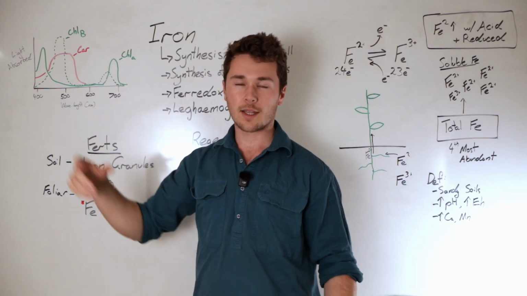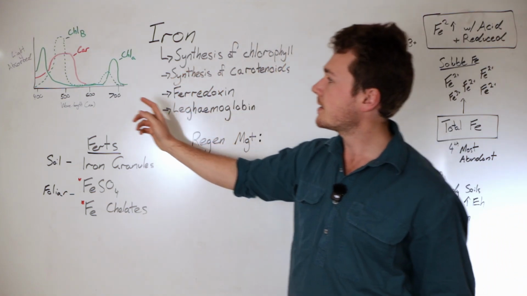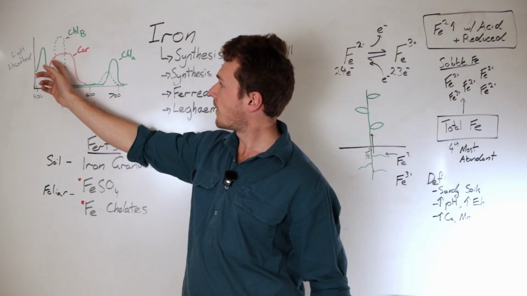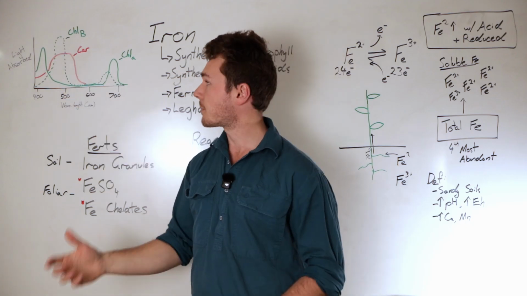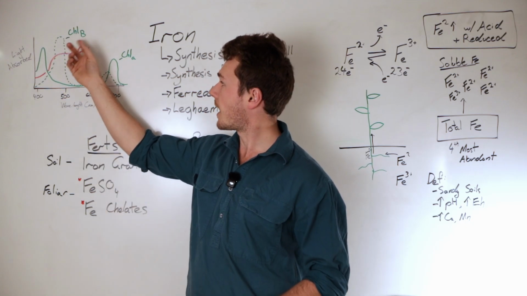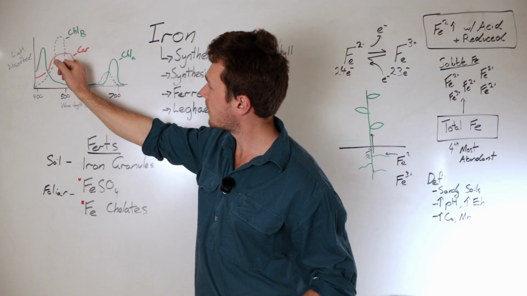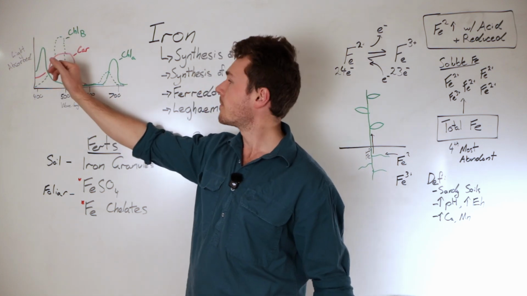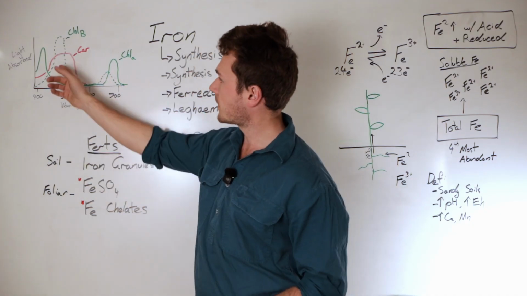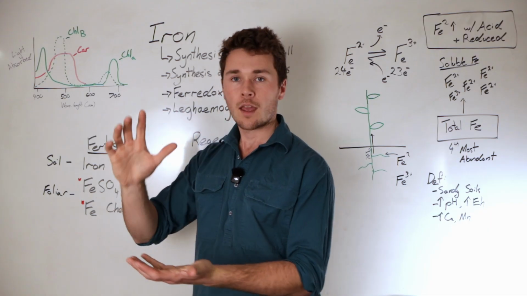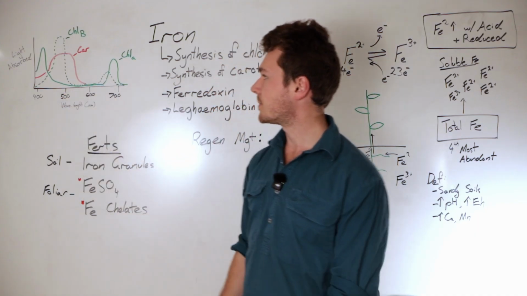What carotenoids do, and this is why they're quite important and another reason why it's important that you have iron to produce them, is that they increase the photosynthetic ability further into the green spectrum, which the plant typically isn't capturing with just chlorophyll A and B. You can see here it comes across a bit, so it's capturing more light in this zone, but additionally across the spectrum of chlorophyll B. So not only does it increase overall photosynthetic ability, but it also increases the ability of the plant to photosynthesize using light more towards the green component of the spectrum.